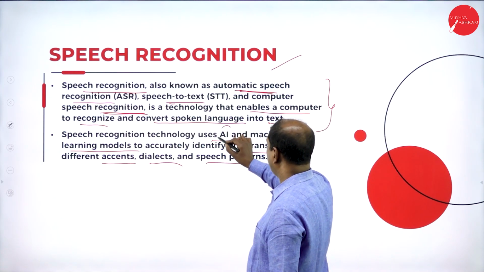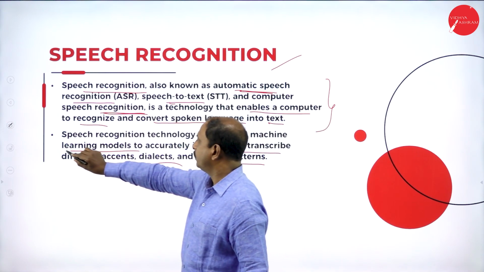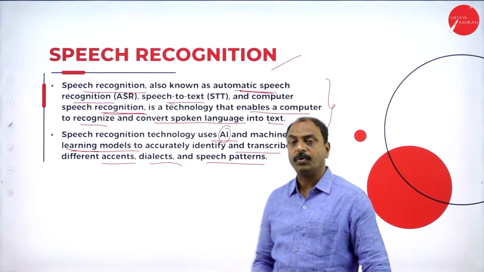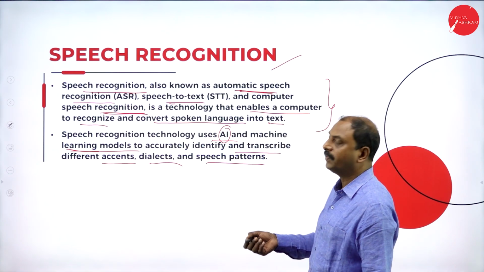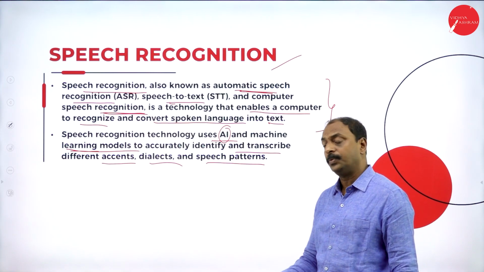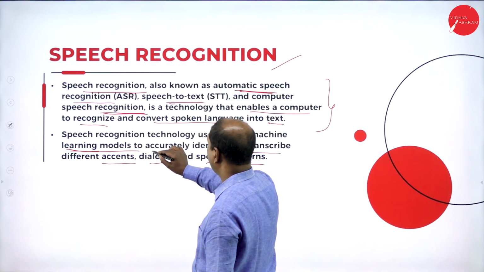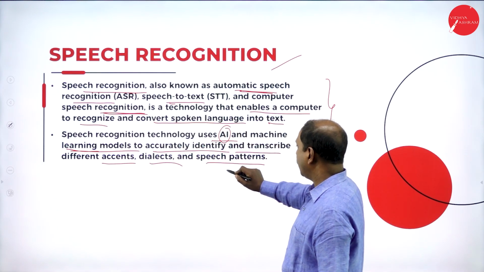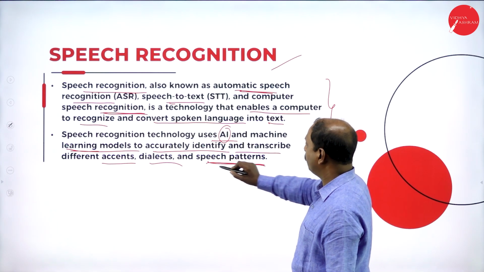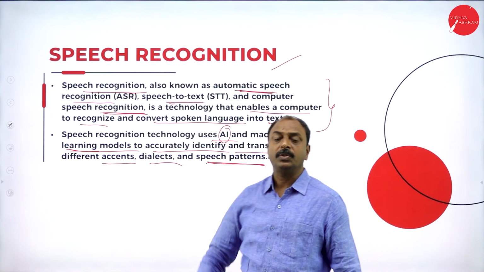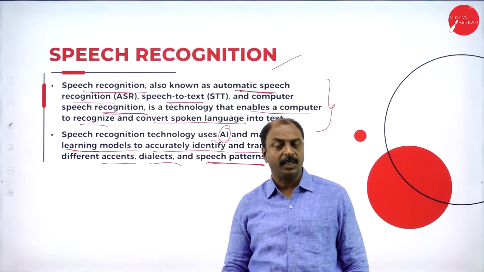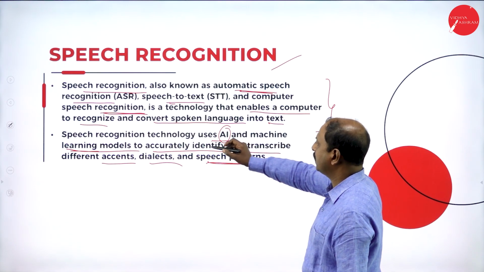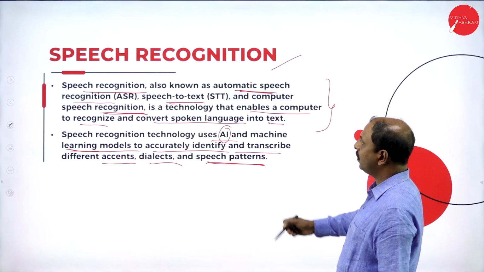It uses AI as well as machine learning, using different models or different algorithms, and generates different models based on different types of information, different types of input or the environment, and provides accurate identification and transcription of the different accents and also speech patterns. See, speech patterns, everything is nothing but different models. So the AI system is going to develop its own model by looking at the different environments. So speech recognition is one of the applications of AI system.